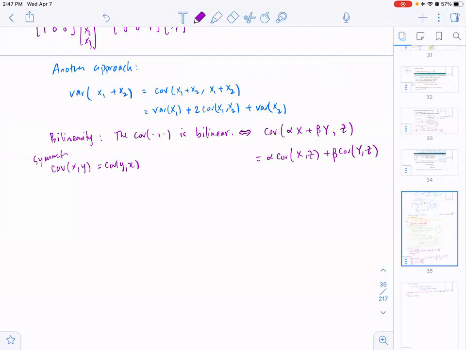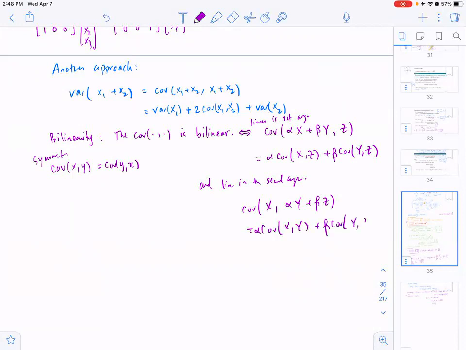It's linear in the first argument and linear in the second argument. So cov of x and alpha y plus beta z would expand to alpha cov xy plus beta cov xz.